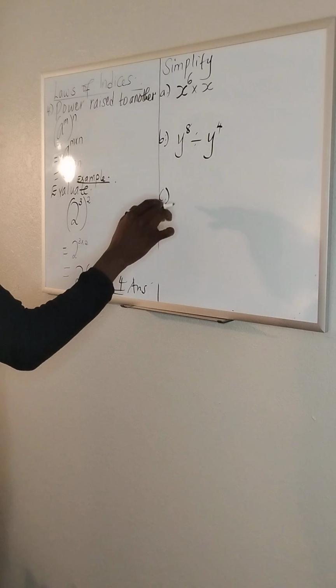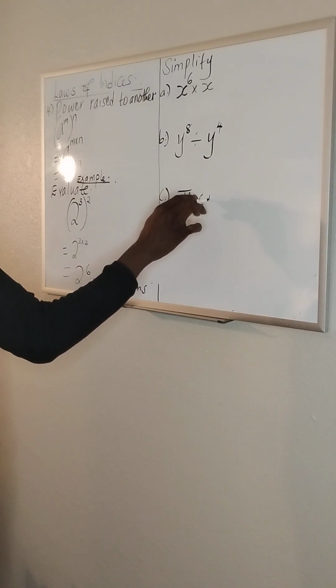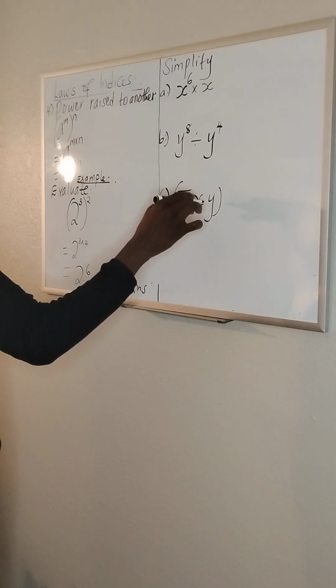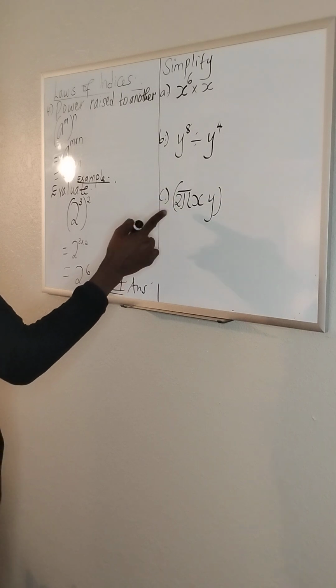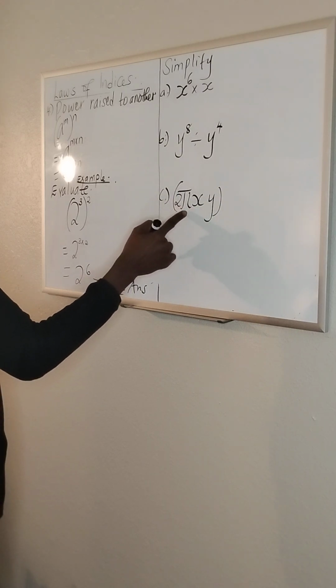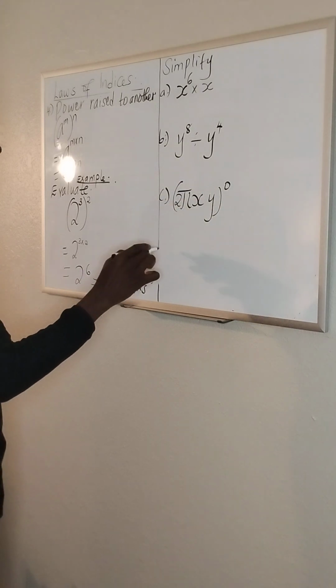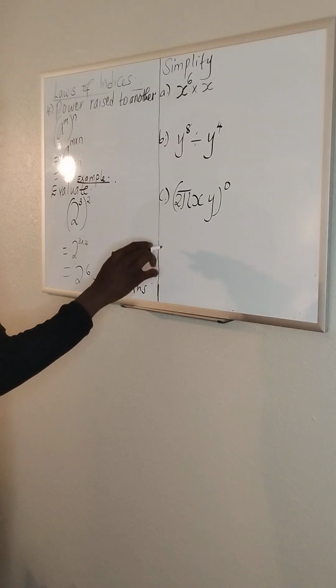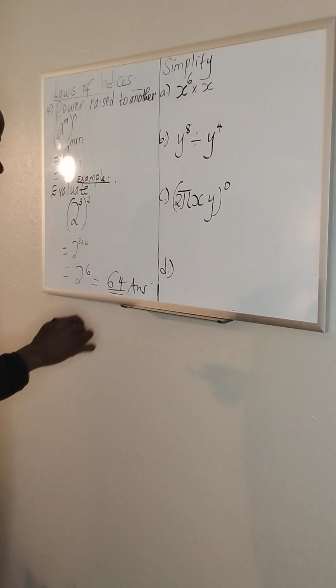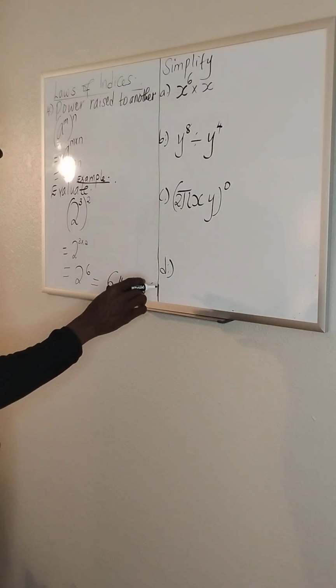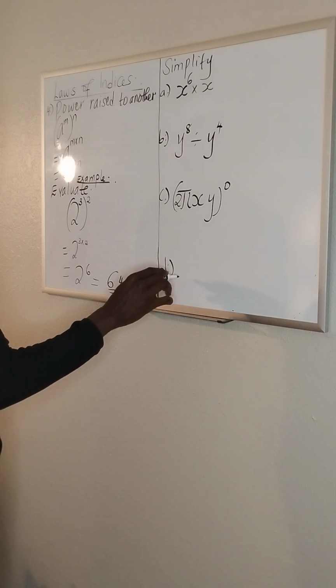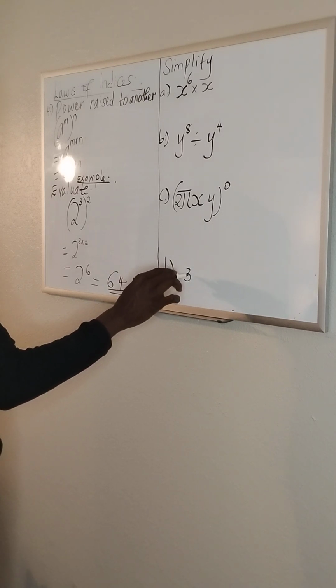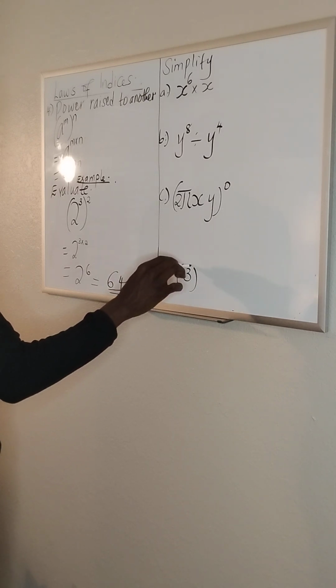Then C, pi xy, everything raised to the power of 0, this is 2 pi xy, everything raised to the power of 0. Then finally I have question D, which is written as a power to another power: 3 raised to power 2, everything raised to power 2.